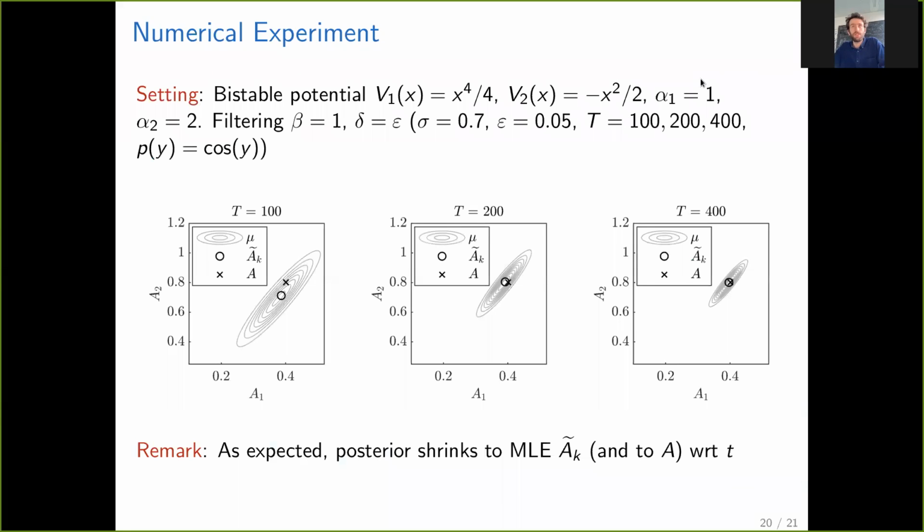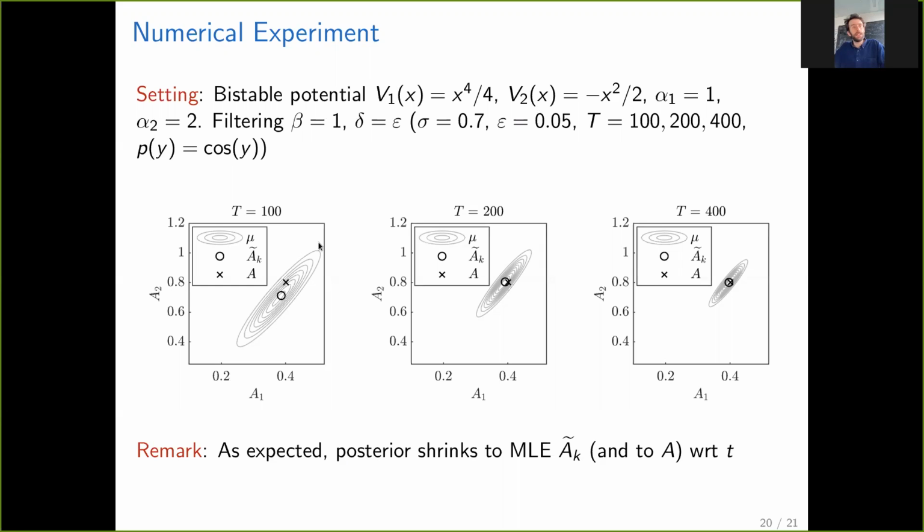We take alpha 1, alpha 2 equal to 1 and 2, so that the homogenized coefficient is around 0.0408. We take the filtering with beta equal to 1 and delta equal to epsilon. So we took the midpoint of our range of validity, which was from epsilon squared to 1.